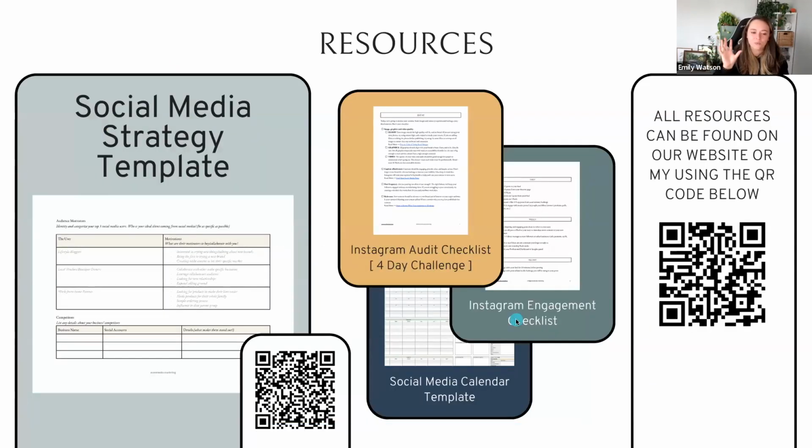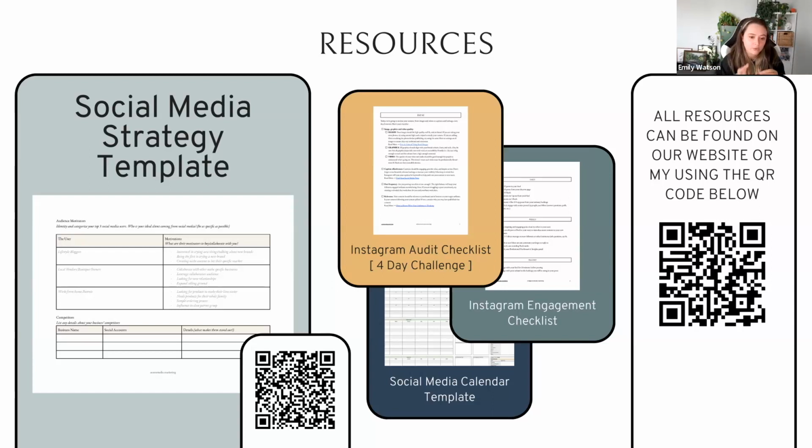So based off of everything that we've talked about today, Laura and I have created so many resources for social media. It's insane. So we do have a social media strategy template, and a lot of the images and the charts that you saw today were pulled from this strategy. There are a lot more details outlined in this strategy, and some more guiding questions, including how to lay out your pillars, all of that kind of stuff.